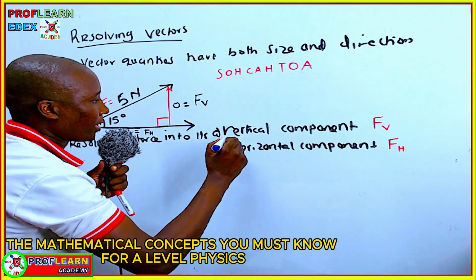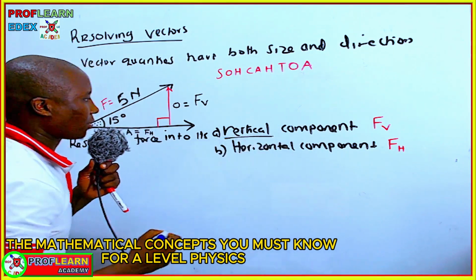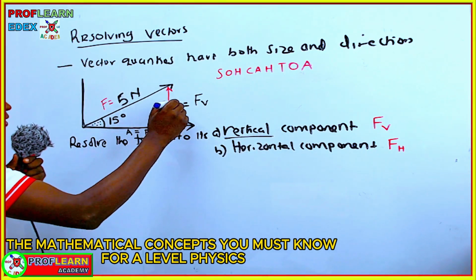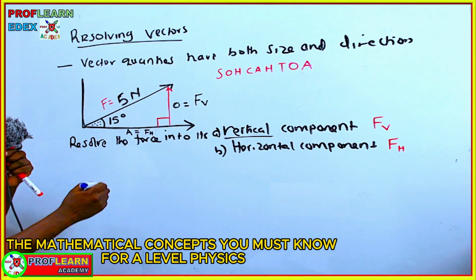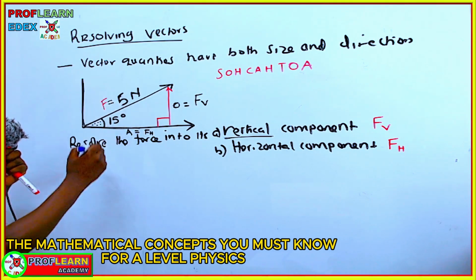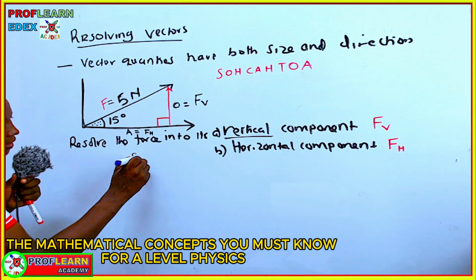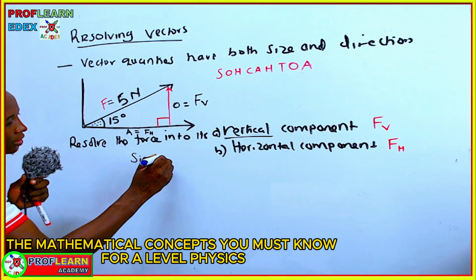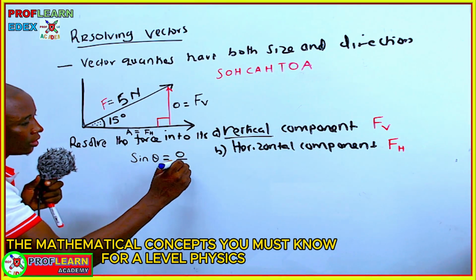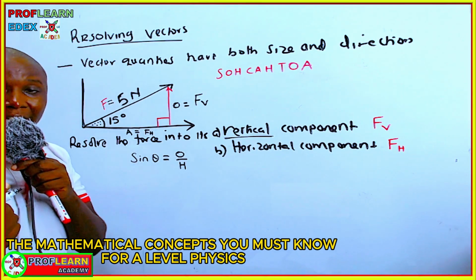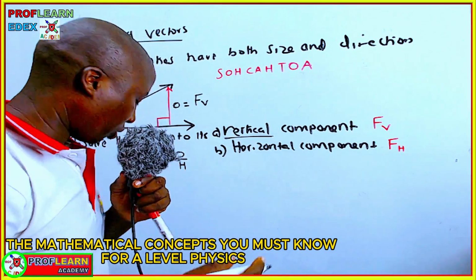So for us to get the vertical component, you can see now we are having the opposite and the force, right? So we are going to see the force is the hypotenuse. We're going to say sine of the angle theta is equal to opposite over hypotenuse. So this is the kind of math that you are going to use here.